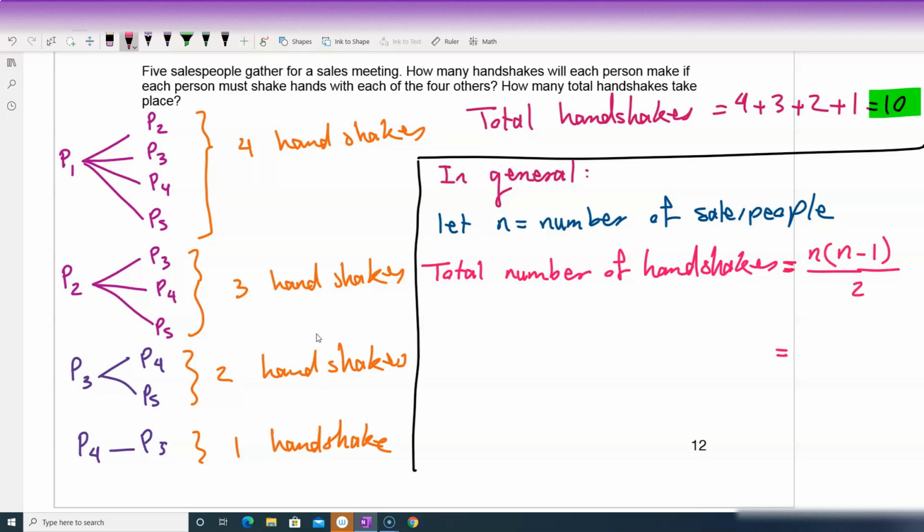Here in this case, n is 5, our number of salespeople, so let's try that. We had 5, so 5 minus 1 is 4, divided by 2, that is equal to 10. So it's not exactly the same thing.